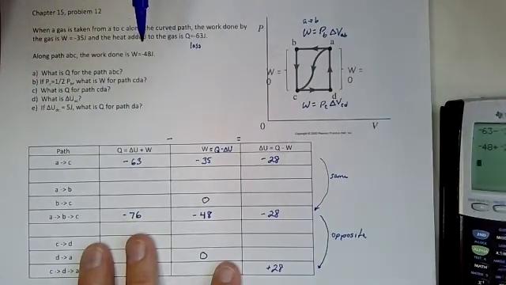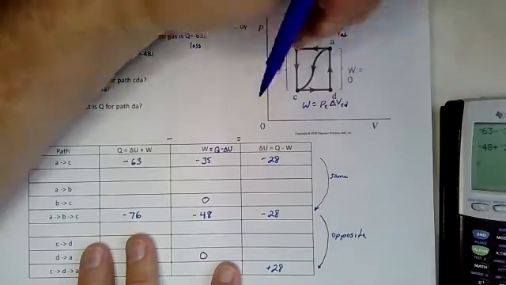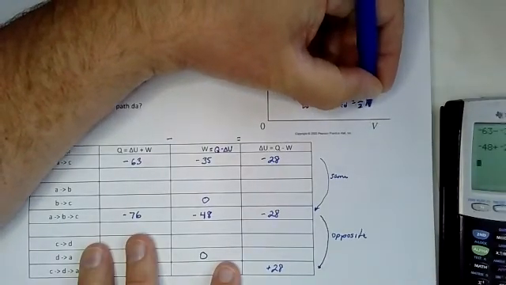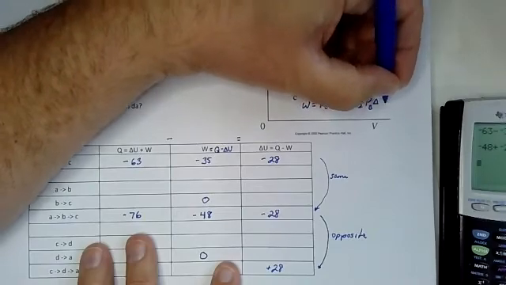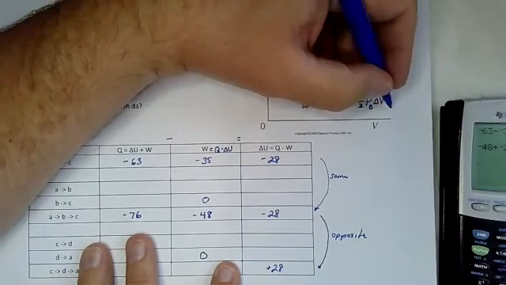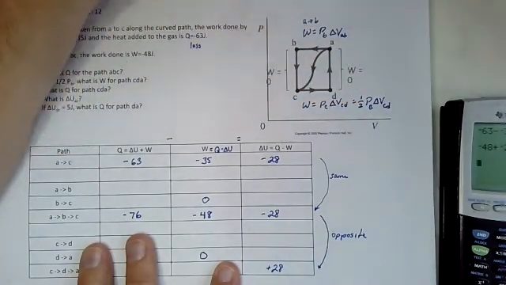But the pressure at C is 1/2 of B. So that's going to be equal to 1/2 the pressure at B times the change in volume, C to D. But opposite, right?